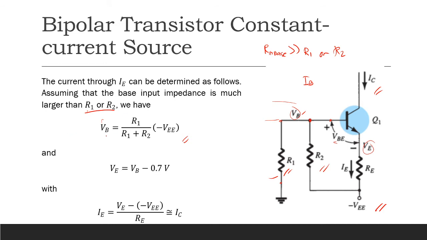And if nakuha natin yung VB, we can solve for VE because VE is equal to VB minus VBE. This is double subscript notation formula. And if masosolve mo yung VE, then you can make a loop papunta sa ground, which is papunta sa negative VEE mo. So we will have a formula for IE.